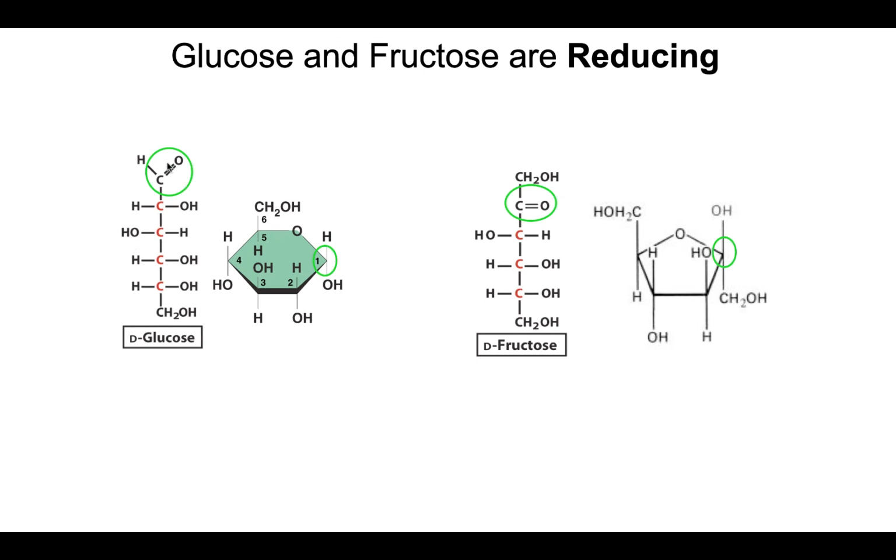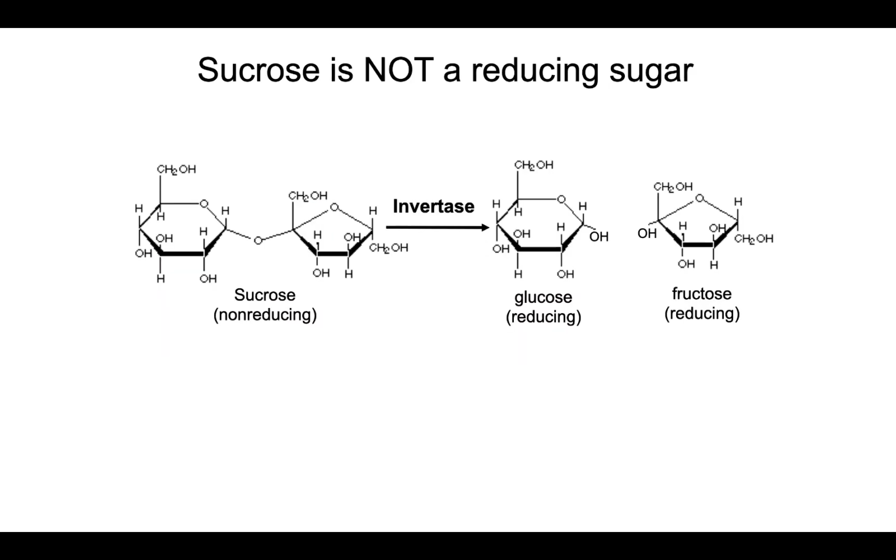And what that means is this carbonyl carbon here in glucose, this carbonyl carbon here in fructose, has the ability to donate electrons to other stuff. That's what it means to be a reducing sugar. However, sucrose is not a reducing sugar. Aha!